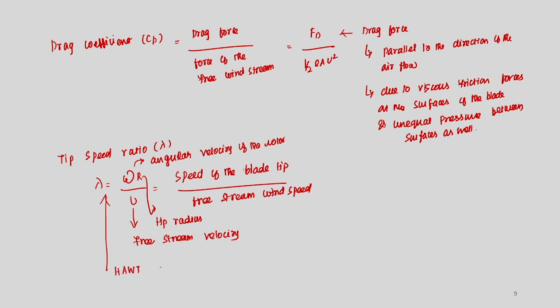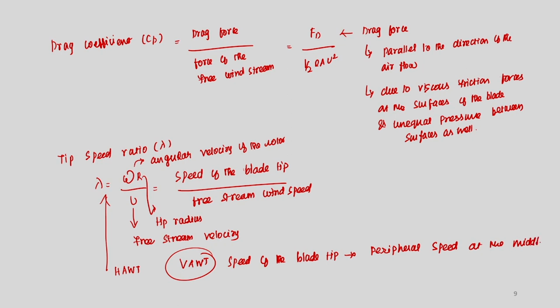If you have to use it for a vertical axis wind turbine, then how to calculate the speed of the blade tip? Because we already said that in a vertical axis wind turbine the wind direction is different. So, this speed of the blade tip can be replaced by peripheral speed at the middle of the blade length.